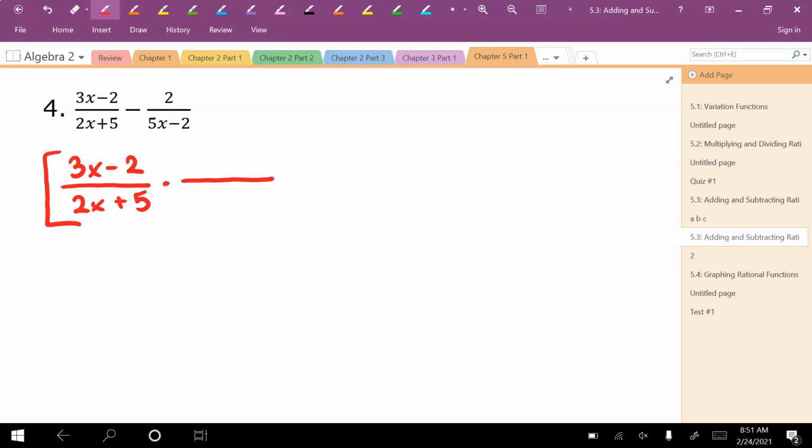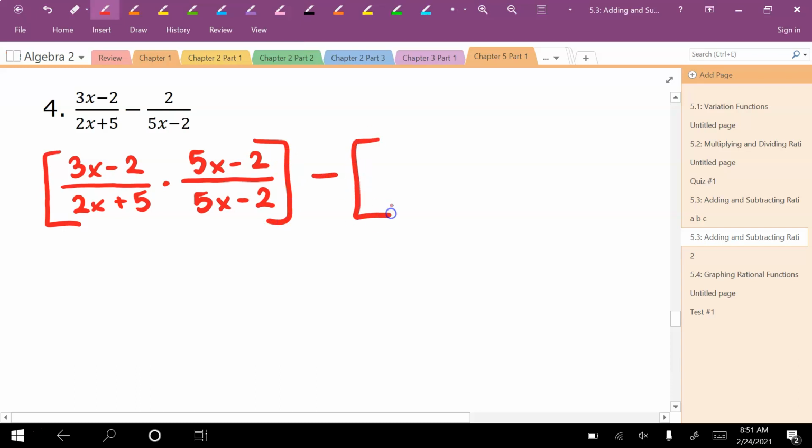What are we going to take the first fraction times? Good, 5x minus 2. What are we going to take the second fraction times? Good, 2x plus 5.